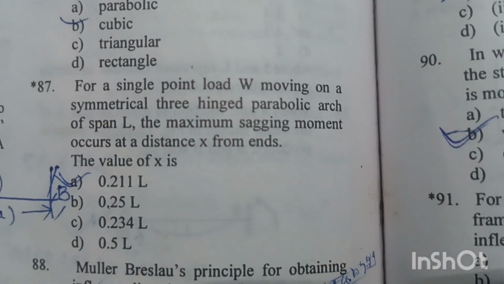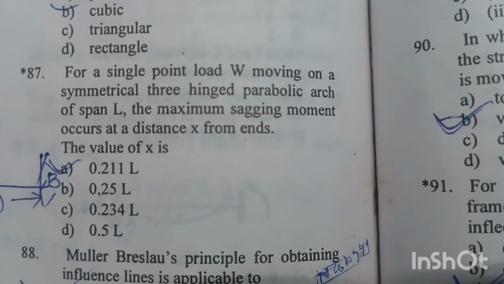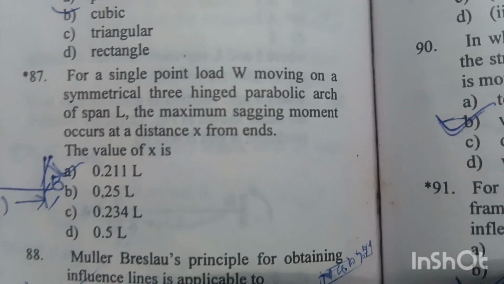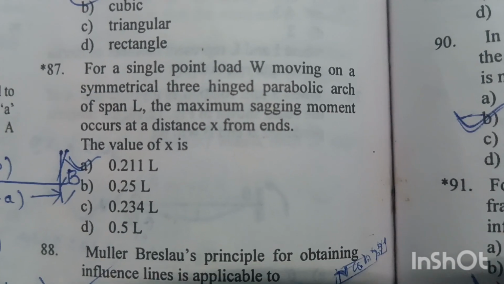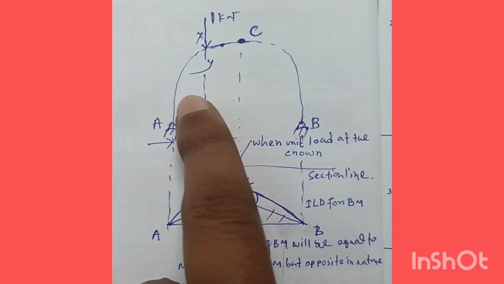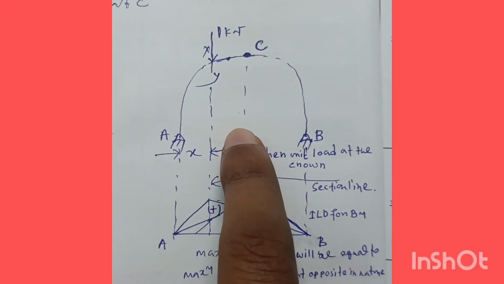Question number 87, for a single point load W moving on a symmetrical 3 hinge parabolic arch of span L, the maximum sagging moment occurs at a distance x from the ends. The value of x is, suppose this is the symmetrical 3 hinge arch as in question number 87.